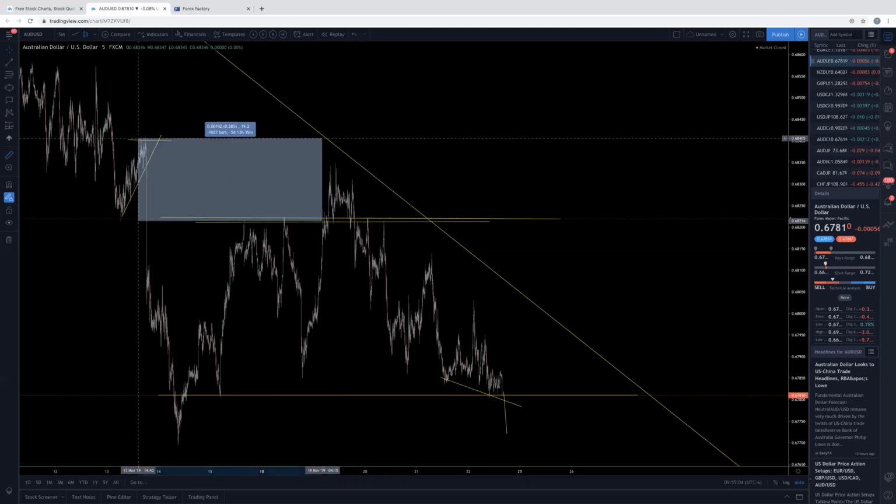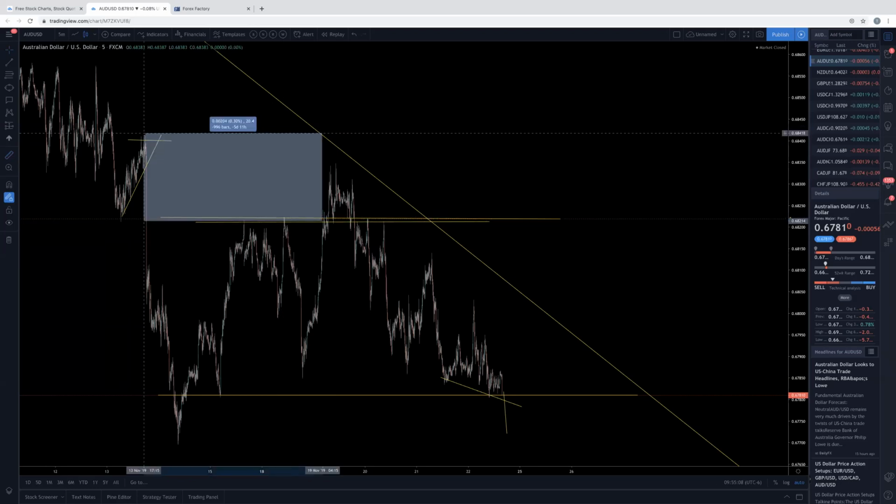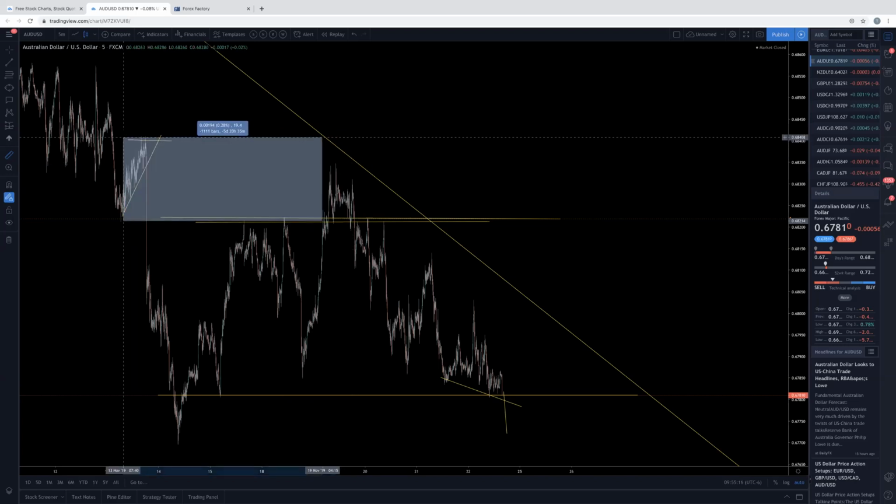Sometimes, if I get up here, I'm going to make sure my stop loss is here. I'm cool with a 19 pip stop loss, or a 20 pip, right above this high. You know what I'm saying?